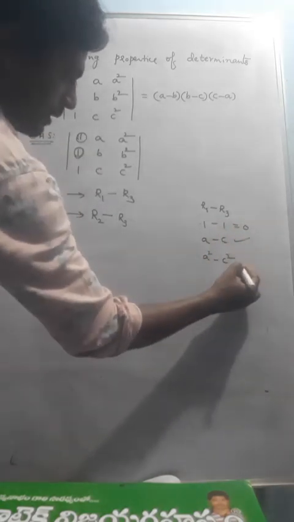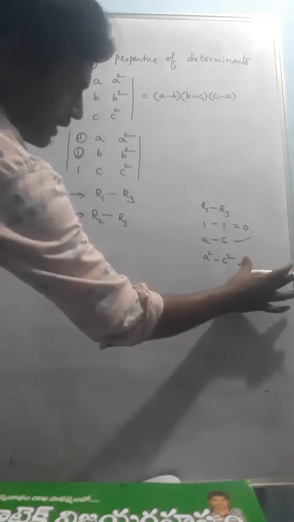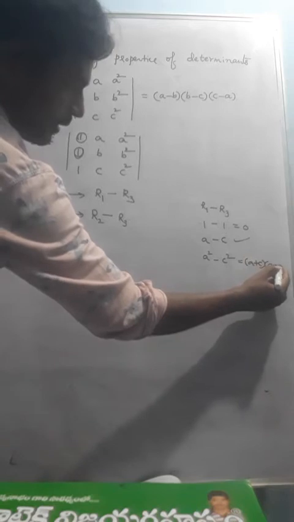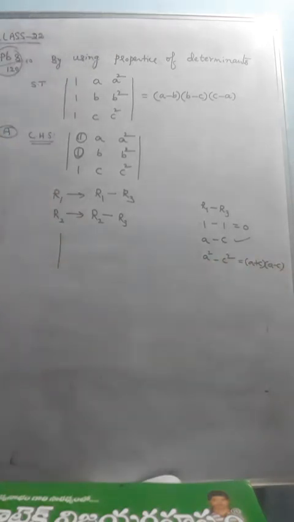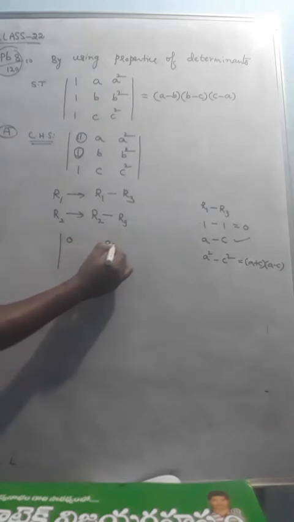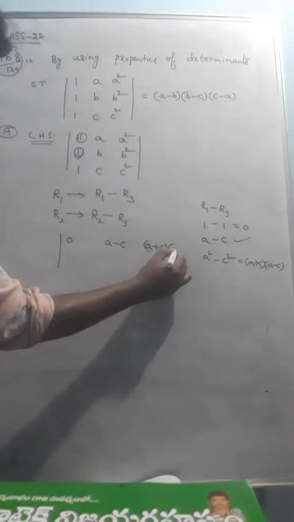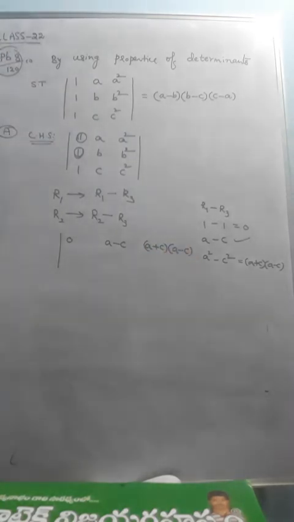This is A minus C. This is A square minus C square. This value you can write as A plus C into A minus C. So write down those values: 0 here, A minus C here, A plus C into A minus C.